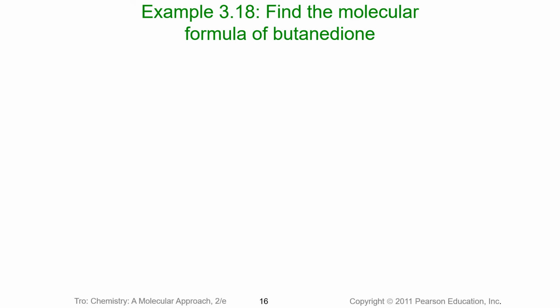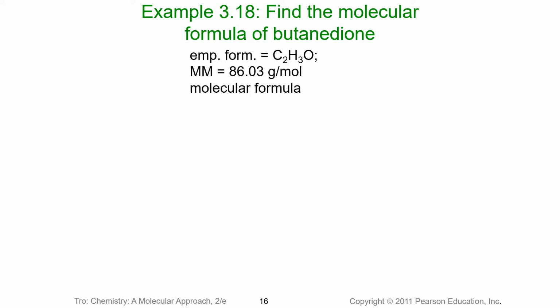So here's an example. We want to find the molecular formula for butadiene. If we know the empirical formula and the molar mass, we want to find the molecular formula. To do this, we're going to calculate the mass of the empirical formula. I'm going to represent empirical formula as an EF.